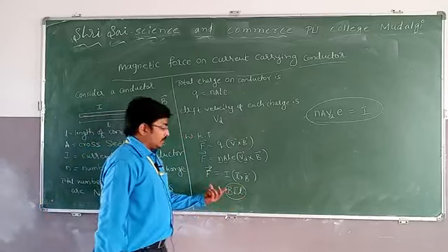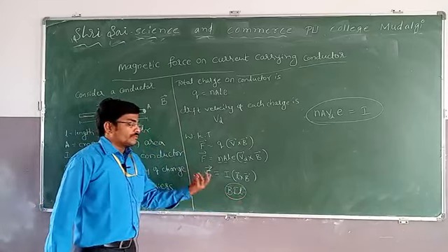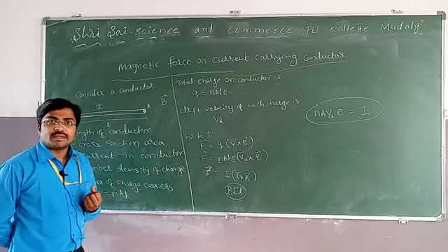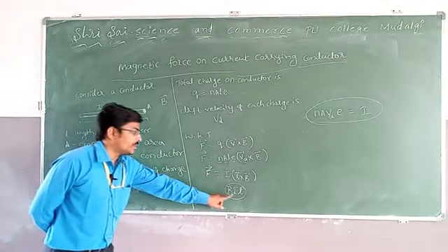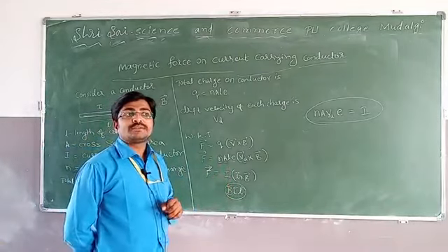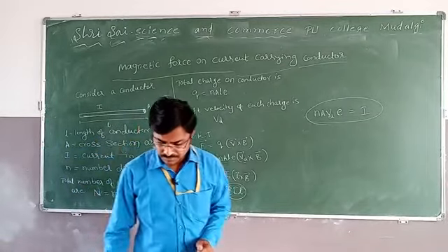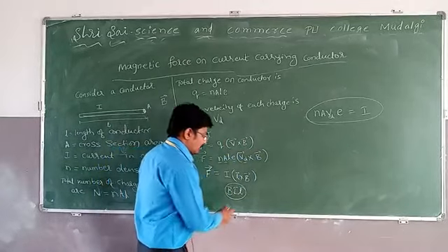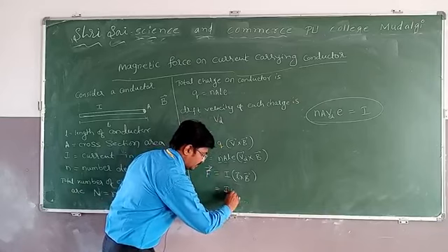See how I remember this one. The force acting on the current carrying conductor, when I kept it into the magnetic field B, is given by BIL. That is a BIL. You remember like this, then only it is very easy. Or you can remember it as a lib also.